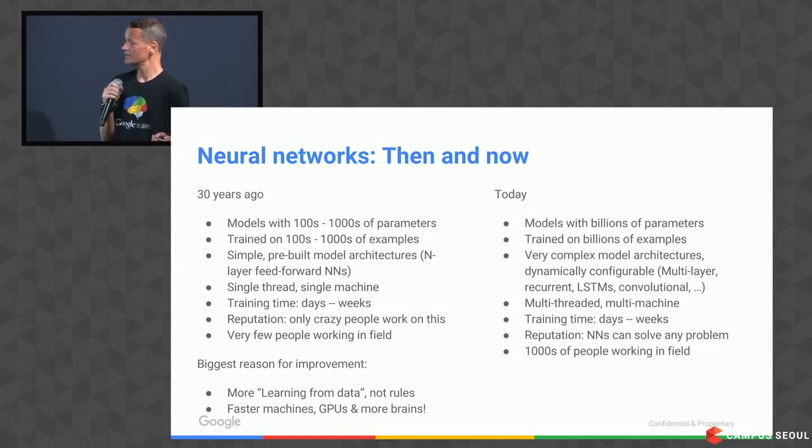They were trained on hundreds and thousands of examples. We used simple pre-built model architectures like just feed-forward neural networks. They were, for those of you who are computer science people, a single thread, single machine. The training time was days to weeks. The reputation at the time was only crazy people work on this. And also there were very few people working on it.